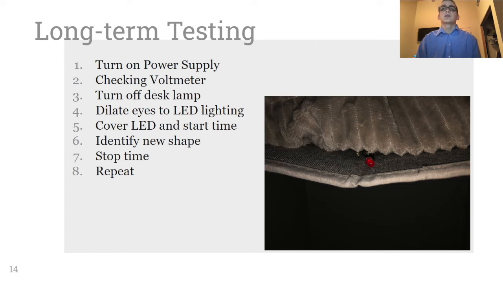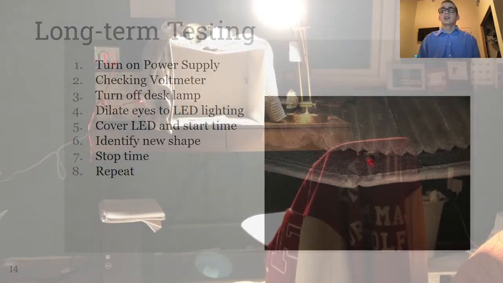Turn off your desk lamp so that your eye is dilating to the light that is above what you have. And then after that, you cover your LED to be in complete darkness and you start your time for this section. You then identify your new shape, and then whenever you have done that, you stop your time. You repeat this for each intensity of the LED, similarly 4 trials for each one, and then you do it for each light.